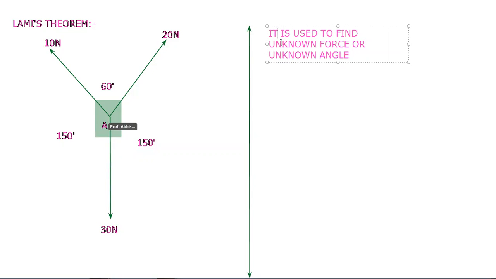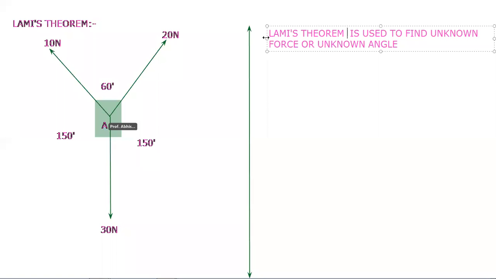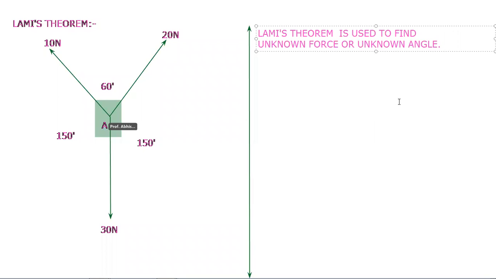Lamy's theorem is used to find the unknown force or unknown angle from the equation, and that equation we have seen yesterday. How are you able to find the unknown thing?